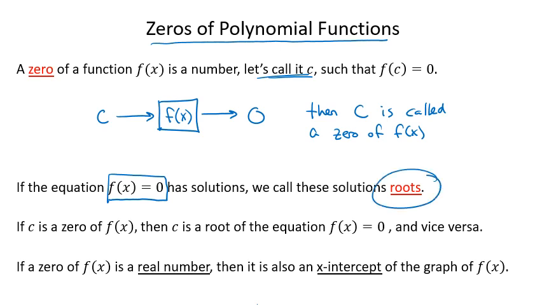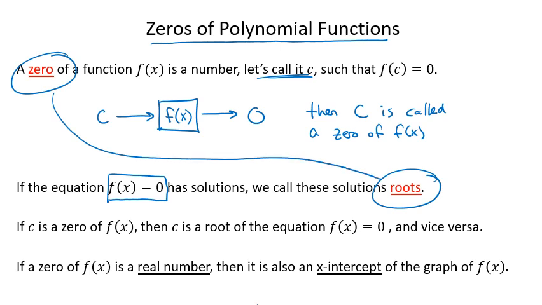So roots and zeros, these two terms, they don't mean exactly the same thing, but they're more or less the same thing. When we're talking about functions, we call them zeros. When we're talking about equations, we call them roots. Now, if c is a zero of a function, then c is a root of the equation that function is equal to 0, and vice versa.